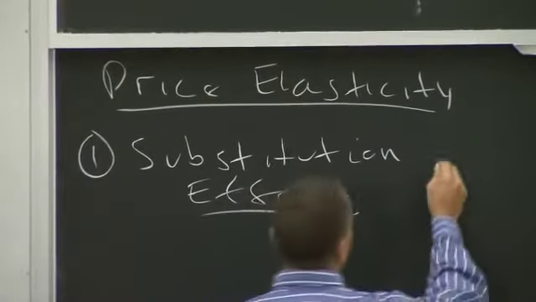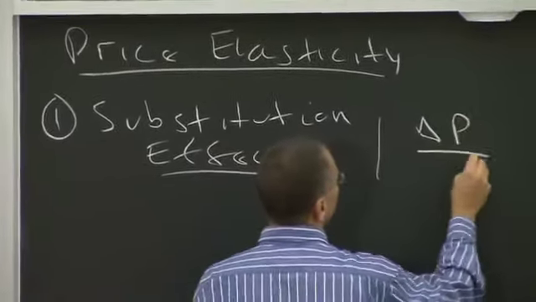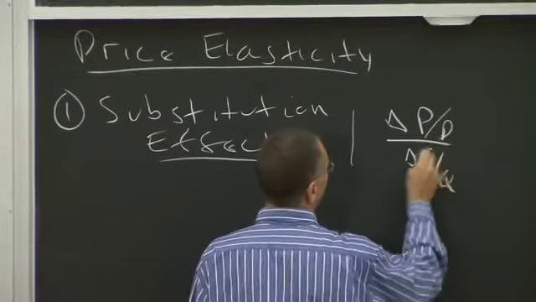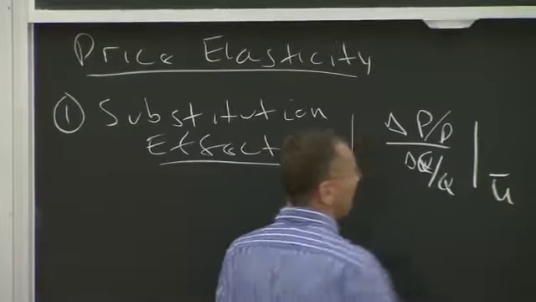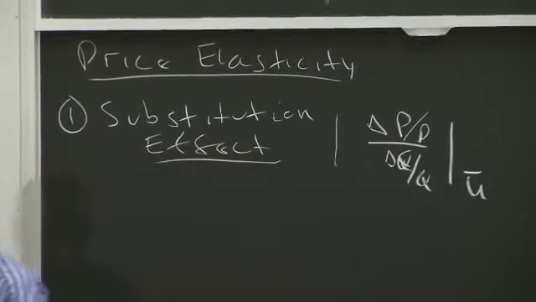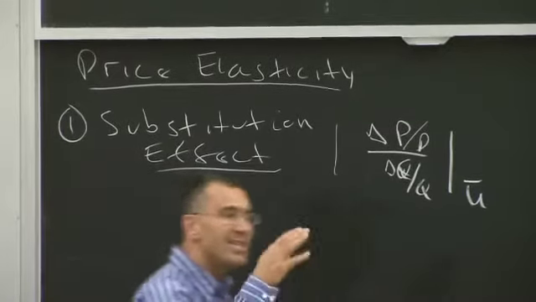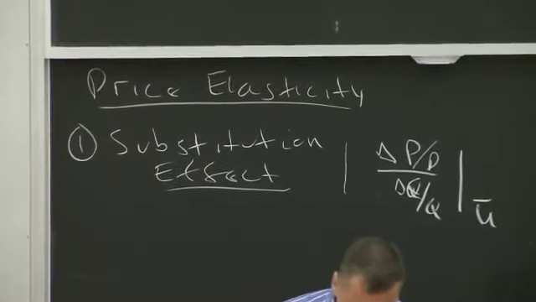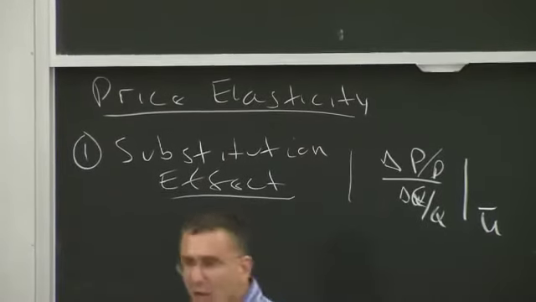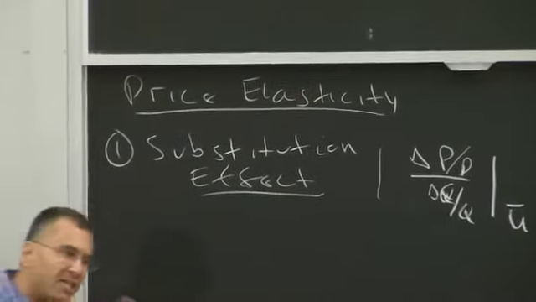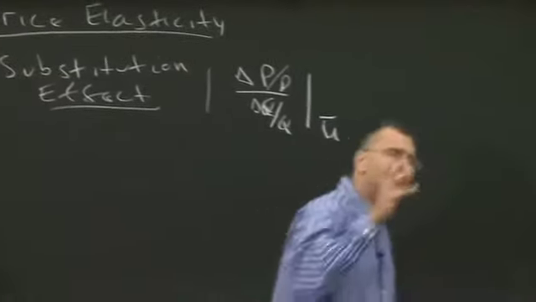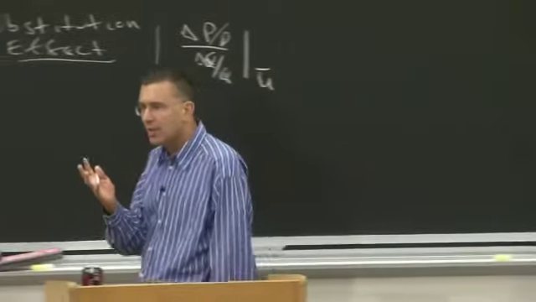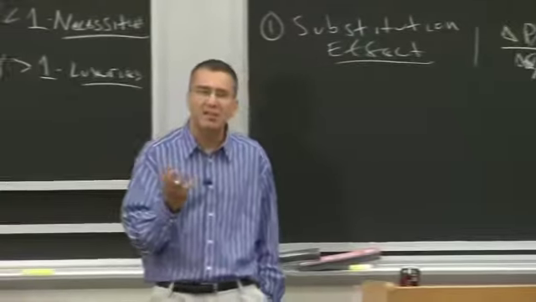So the substitution effect is, in percentage terms, delta Q over Q over delta P over P, holding utility constant at a fixed level U bar. So given that your utility has not changed, how does your demand for the good shift? Think of this as, when a good gets relatively expensive, how do you shift away from that good? It's the shift away from the good as it gets expensive.